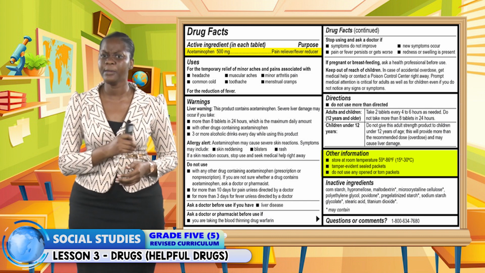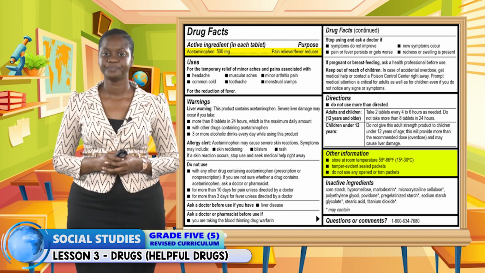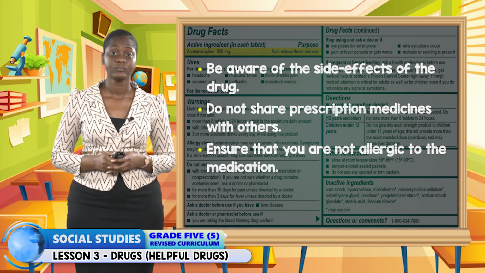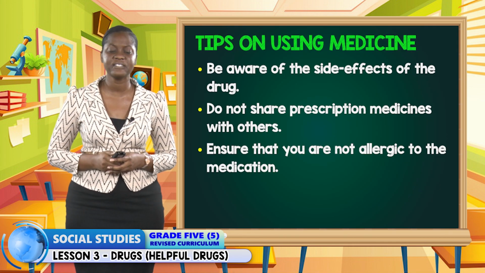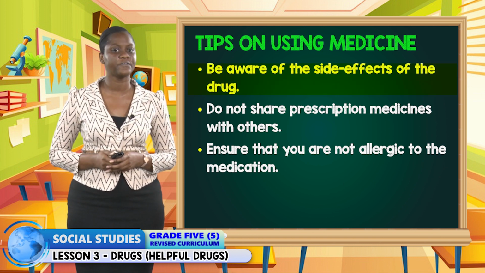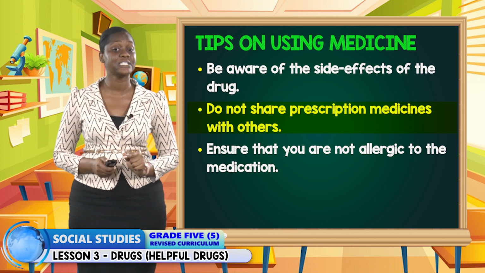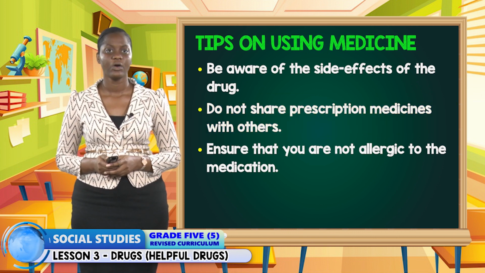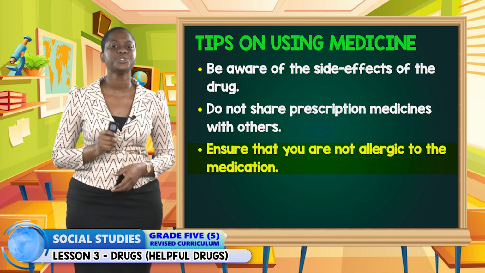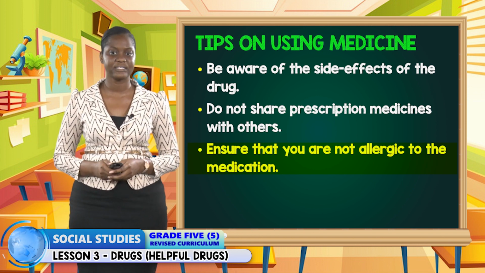It is very important that we should read our labels. Let's move on. In addition to our previous tips, we should be aware of the side effects of the drug. Do not share prescription medicines with others. Also, ensure that you are not allergic to the medicine.